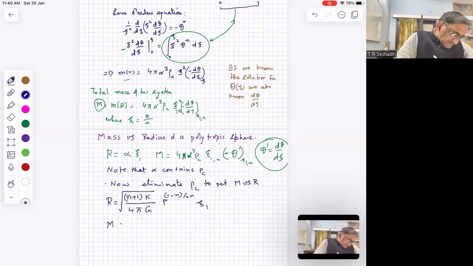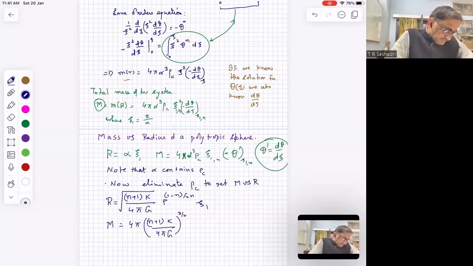And I have mass which is equal to 4 pi times (n plus 1) k by 4 pi G to the power 3 by 2, into rho c to the power 1 minus n by 2n, cubed, times rho c.